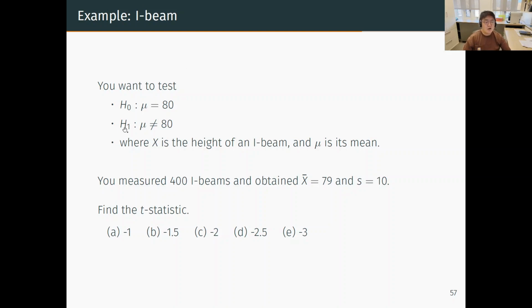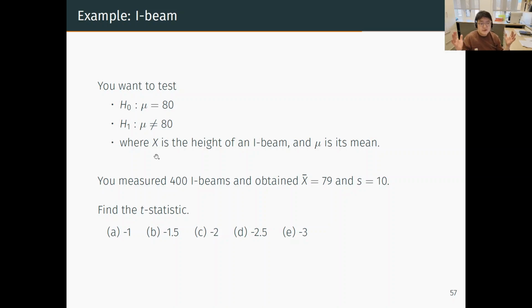But if it's wrong, that is the alternative hypothesis, such that the expected height is not correct, right? I define x as a random variable for the height of a randomly chosen I-beam. When you randomly choose an I-beam and measure the height, the outcome is x. And mu is the expected value, the true mean of this random variable. That is our setup, okay?